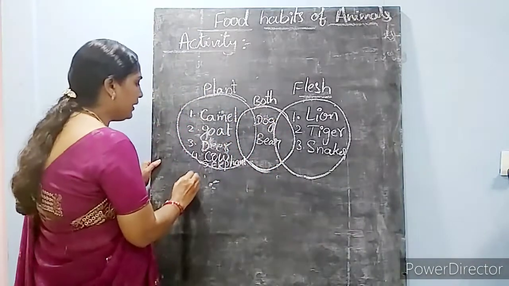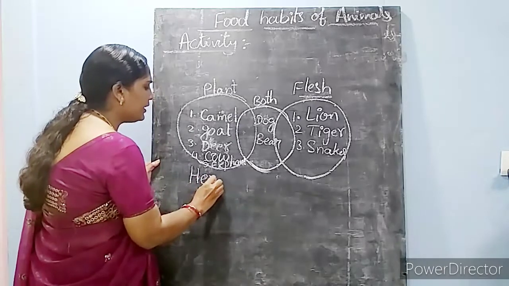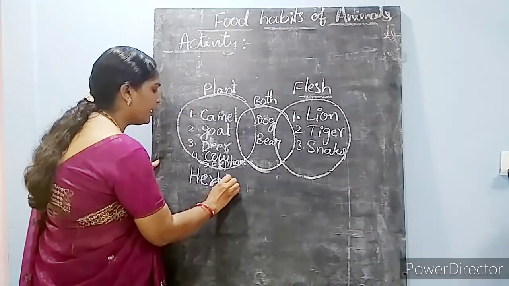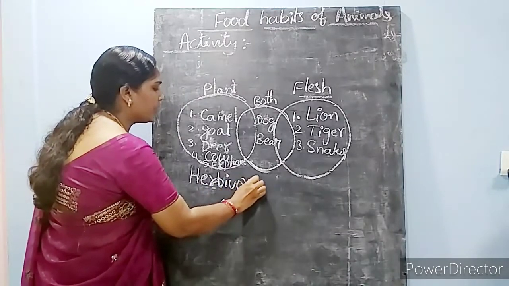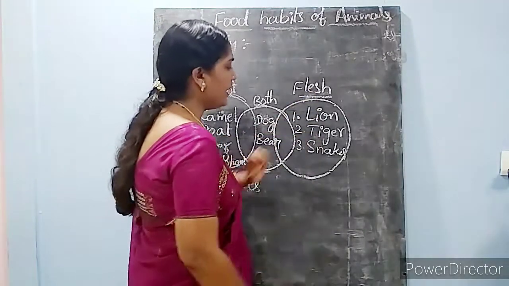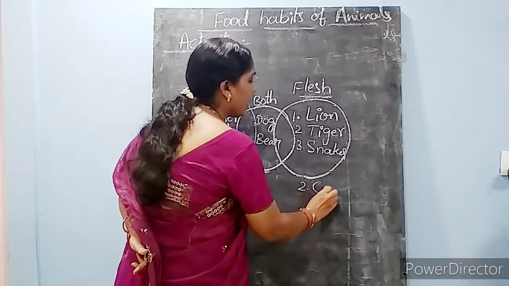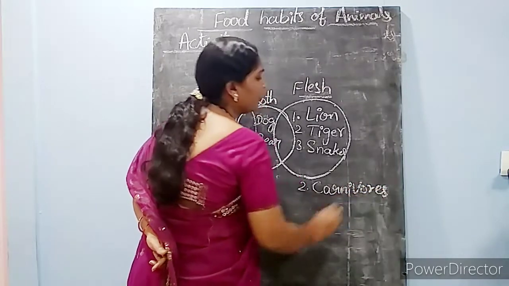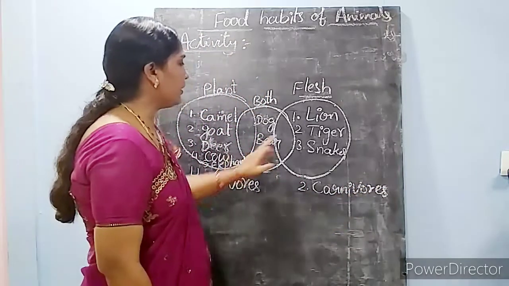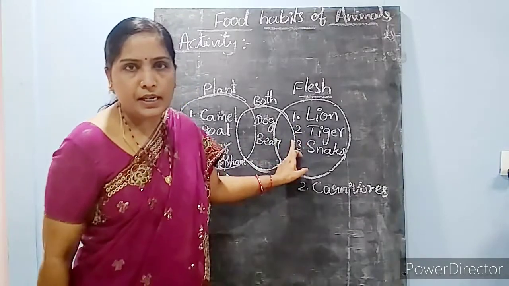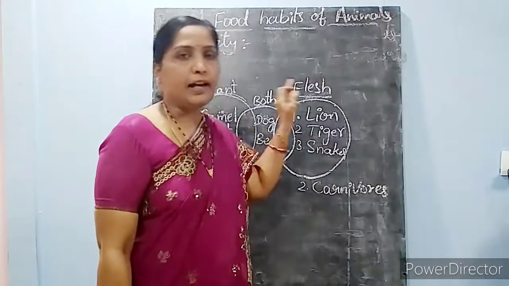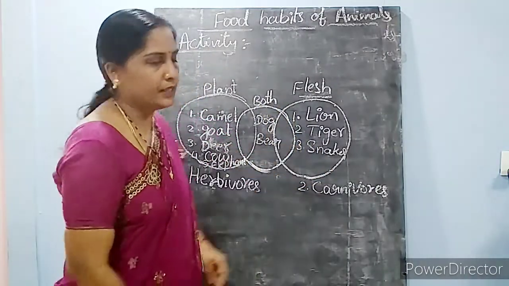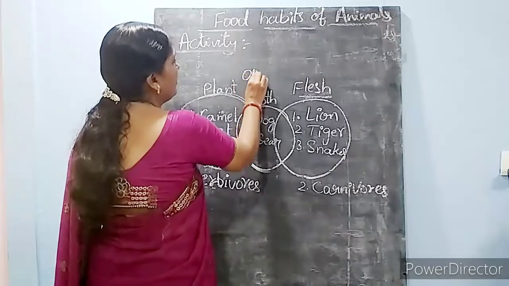Plant eating animals are known as herbivores. And the flesh eating animals are known as carnivores. What are we calling them? Carnivores. And the animals which eat both plants and flesh are known as omnivores. What do we call them? Omnivores.